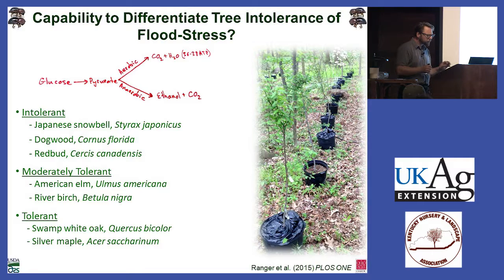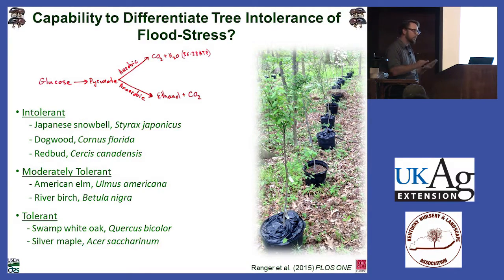An important concept that we considered was that there's a range of variability in tolerance and intolerance of trees. Some species can be tolerant of flood stress and some species can be very intolerant. And that influences their ethanol production.